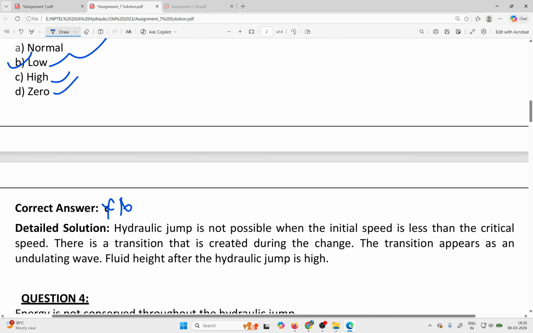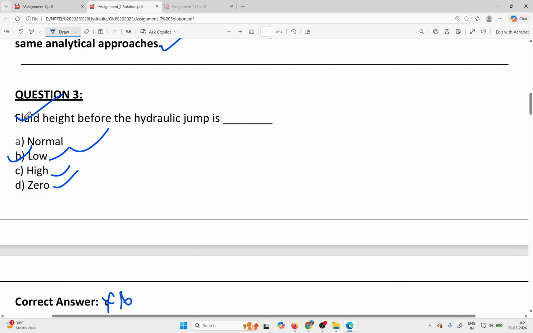What is the detailed solution? The hydraulic jump is not possible when the initial speed is less than the critical speed. There is a transition that is created, and the transition appears as an undulating wave. The fluid height after the hydraulic jump is high. But the question was about the fluid height before the hydraulic jump, which is low. It should not be high.